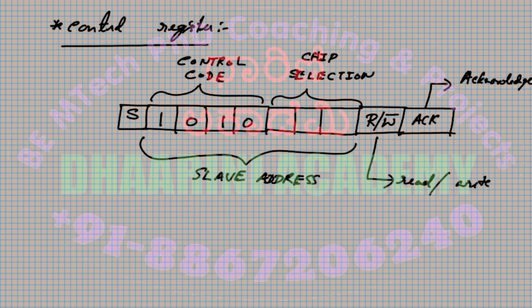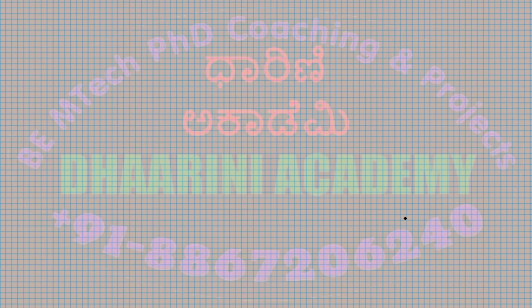Fine. Let's look at the I2C protocol, then we'll proceed to the interfacing. I2C, as we know, uses what is called a two-wire system. Let me write the I2C structure here.